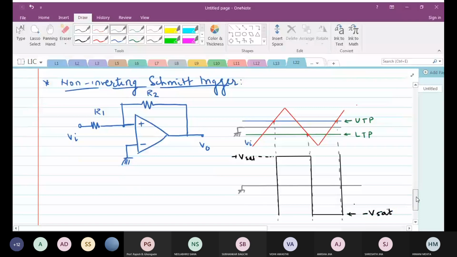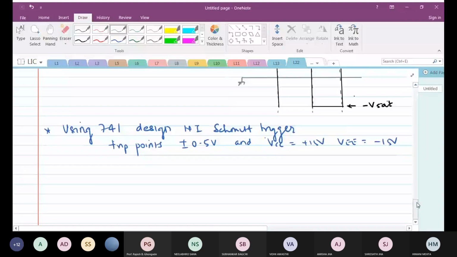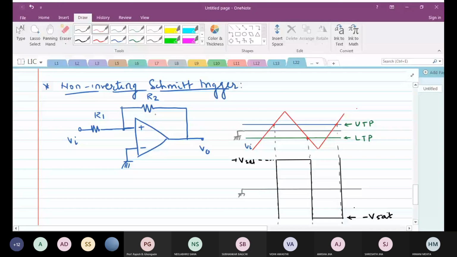So how do you do this? Again, we have to select I2. So what is this I2? This value is current. Of course, the current will be flowing in both the directions.